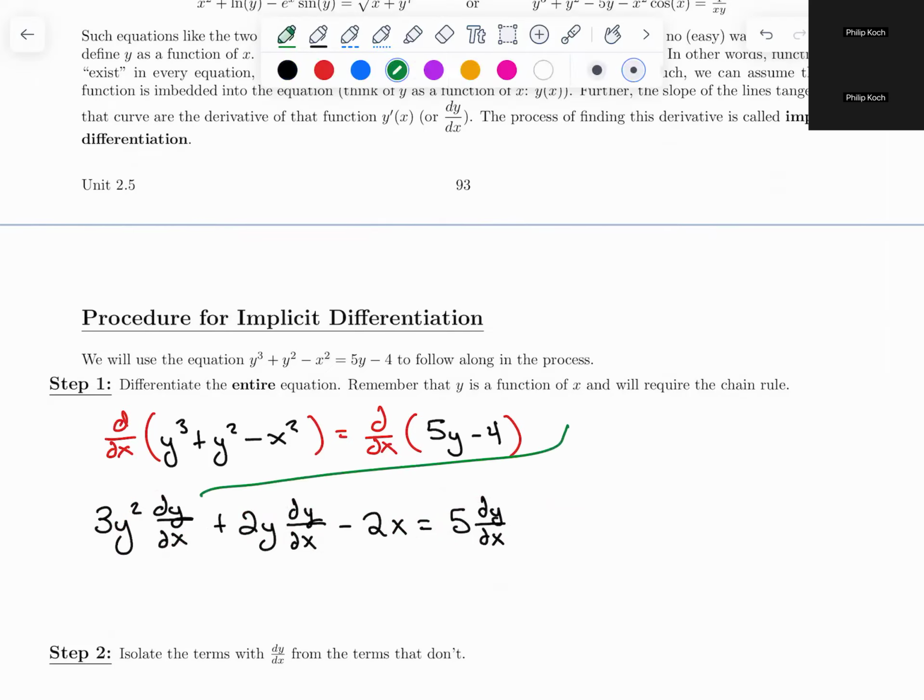It's an excellent question, Bianca. I'll explain it right now. So d dx of y cubed. We're thinking it's implied that y is a function of x. Somehow we might be able to actually turn y into a function of x.